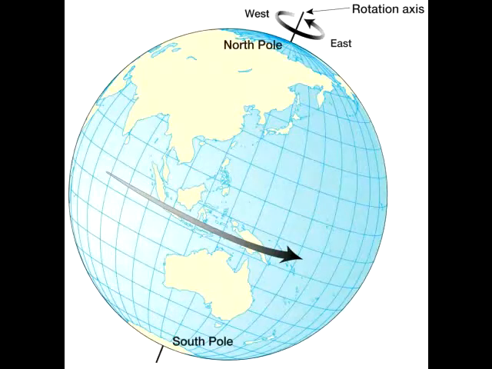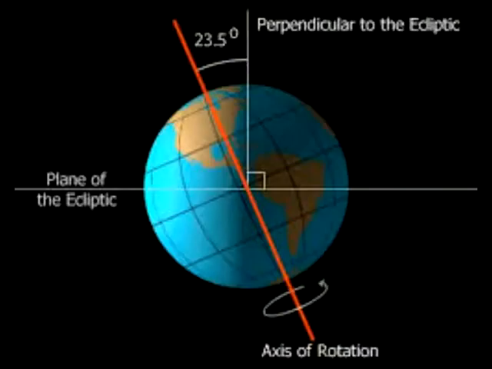The Earth rotates counterclockwise around its own axis when viewed from a spot over the North Pole. The tilt of the Earth's axis, also called inclination, is the reason for the different seasons on our planet.